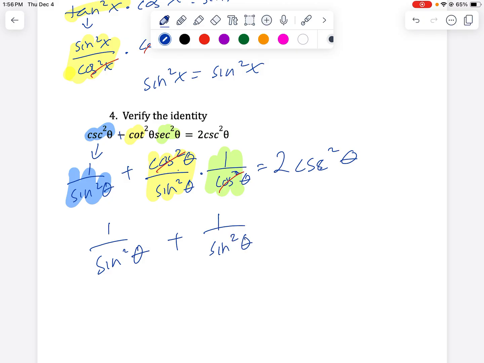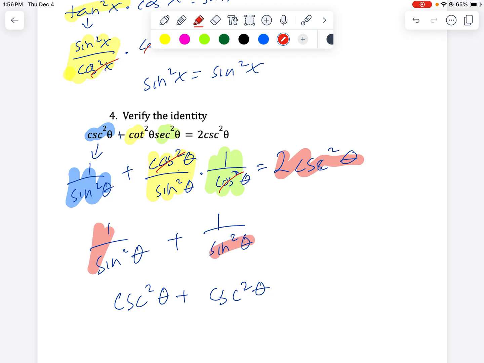Squared theta, and that's cosecant squared theta plus cosecant squared theta. Why did I do that? Well, I recognized on the right-hand side, I have cosecant squared. And sine squared and cosecant are reciprocal functions.